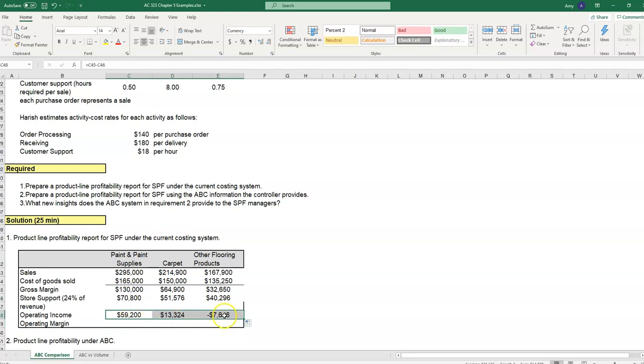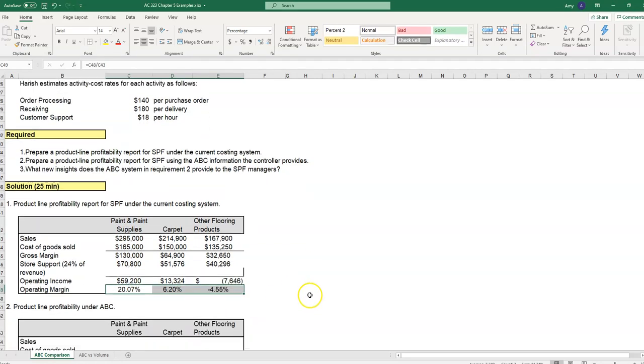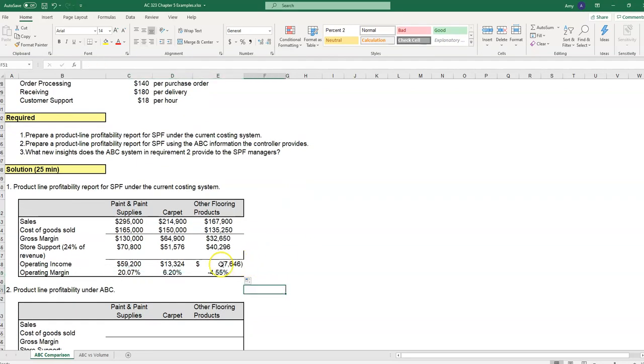And then our operating margin is calculated by taking our operating income divided by sales. And as we see under this method, we currently have a negative operating income for other flooring products. And that is why management is considering dropping that product line, because it's currently not making money.